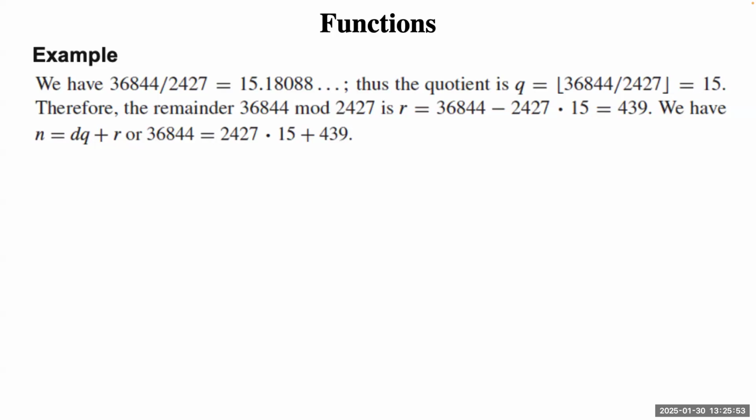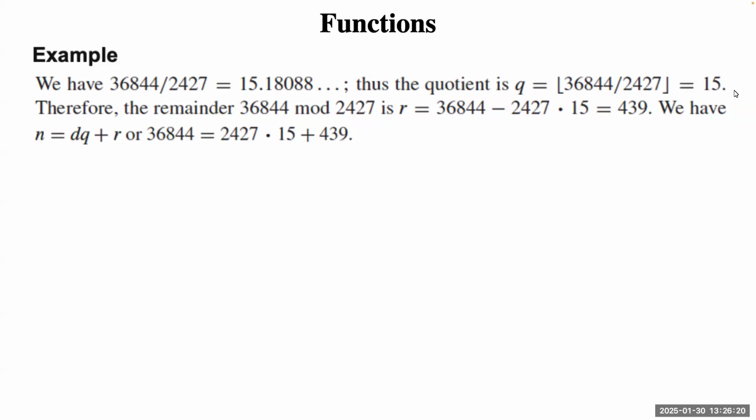Example here. Suppose we divide 36844 by 2427. It comes out to about 15.18088, probably an infinite expansion. Thus, the quotient q is going to be the floor of this division. Since the result of the division is 15.1808, the floor would just chop off the decimal part and leave 15.